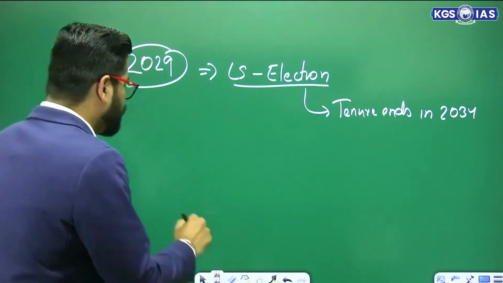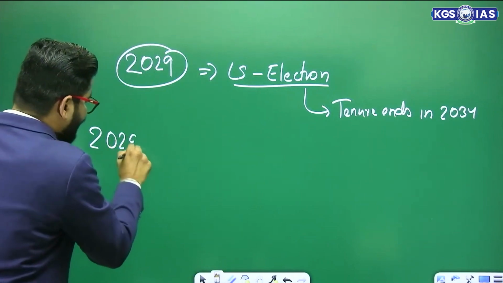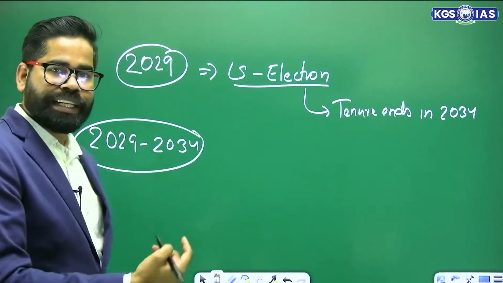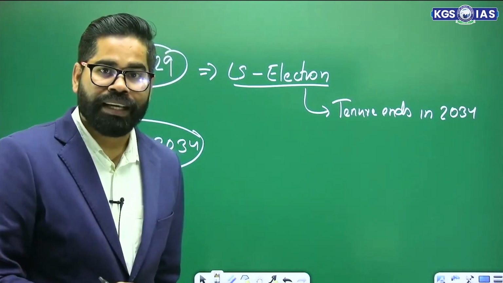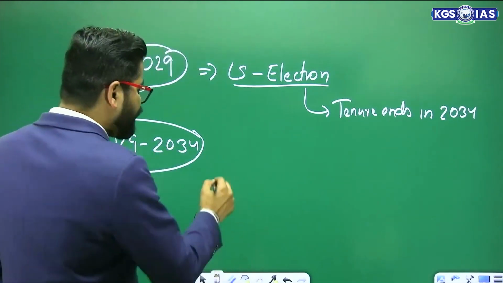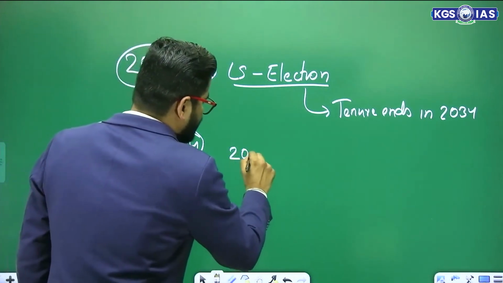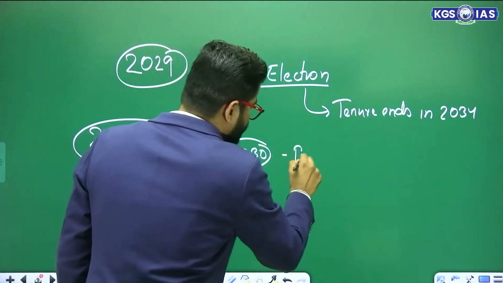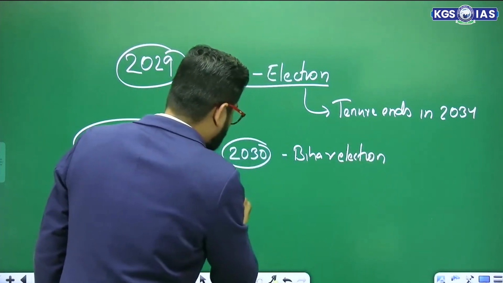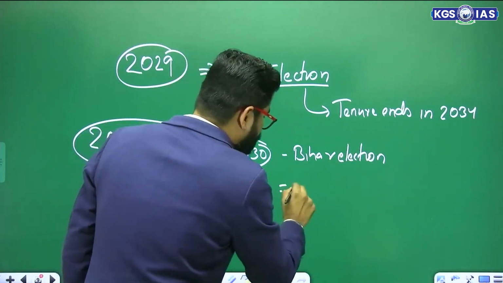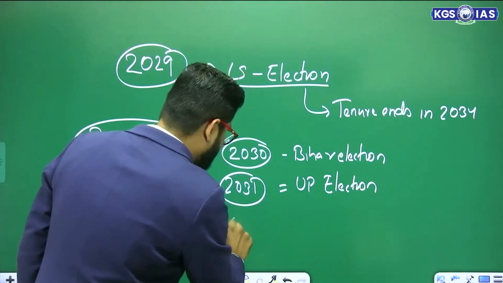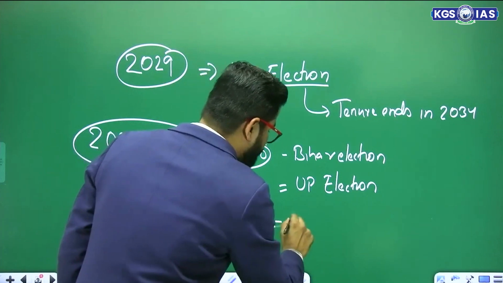But suppose that between 2029 and 2034, there may be elections in some of the states. Let us say an election in Bihar in 2030, in 2031 there is a UP election, and in 2032 an MP election.